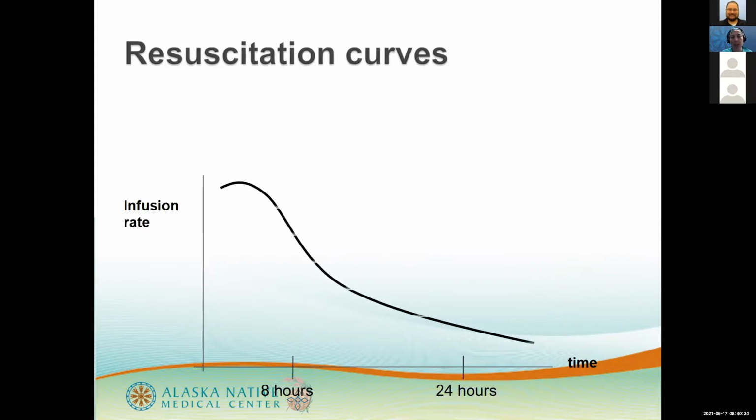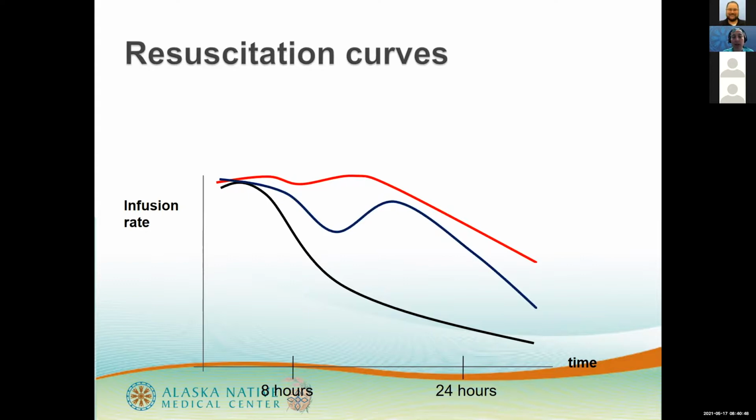So that's that beautiful curve there, but often we see this would be a case of a failed resuscitation, where you try to get the fluids down and you just can't until their inflammatory response kind of closes. And sometimes you see a moderate one, where they initially respond, but then you have difficulty 8 to 12 hours later.